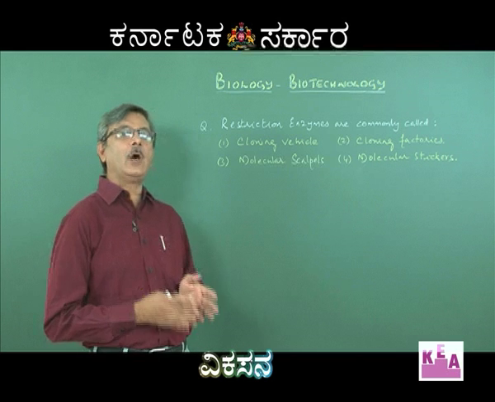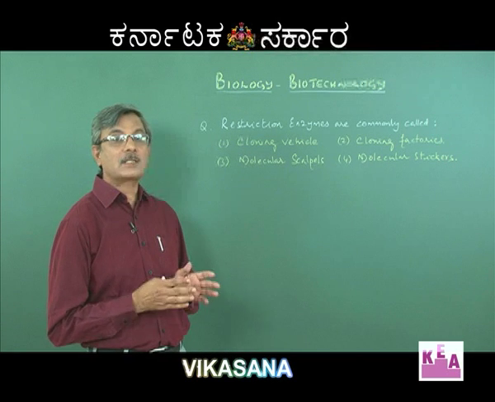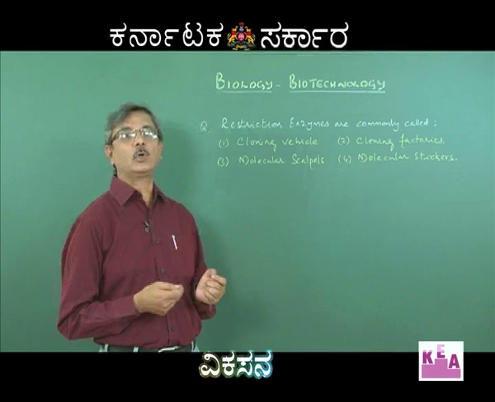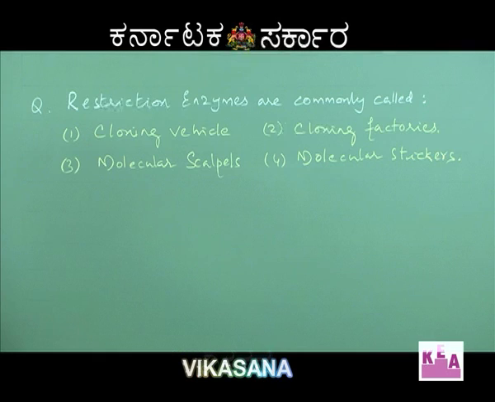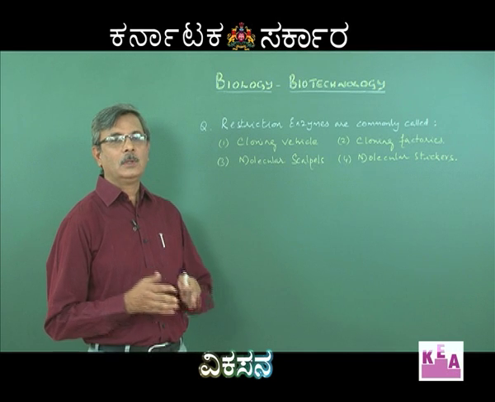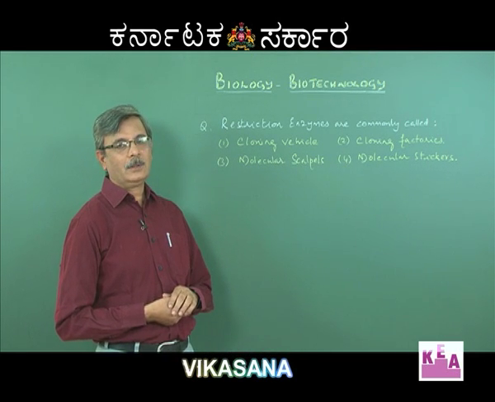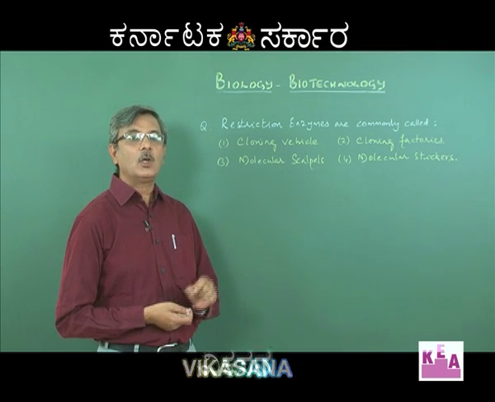Whenever we talk about recombinant DNA technology or genetic engineering, it has been made possible because of some wonderful tools, and here the tools are mentioned. Cloning vehicle, I hope all of you know. Vehicle means the one which is going to carry a passenger from one place to another, to the destination. And here the vehicle that we are going to use is called a vector.